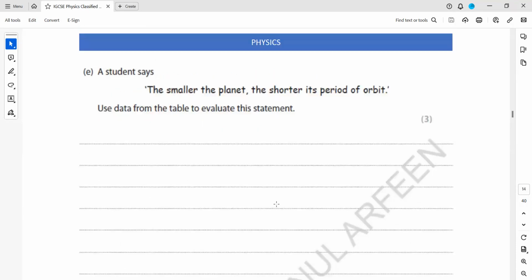A student says that the smaller the planet, the shorter its period of orbit. Use the data from the table to evaluate this statement. Smaller planets, shorter orbital time.